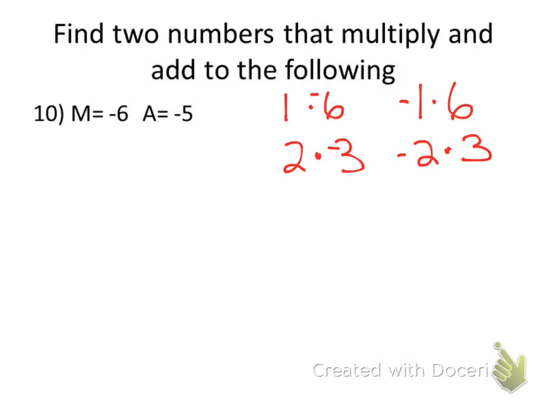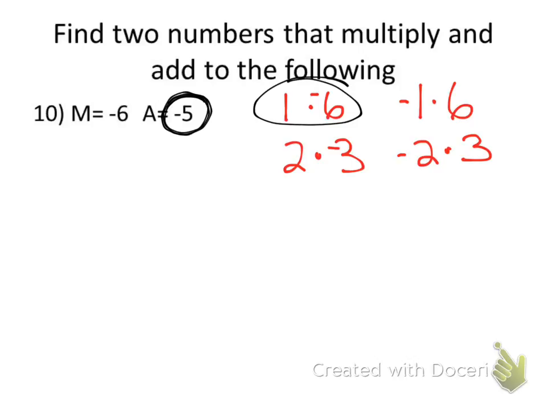Which one of those will give us a -5 if you change the multiplication symbol to a plus sign? -2 and +3 would add to give us a 1. 2 and -3 would add to give us a -1. -1 and 6 is the winner.